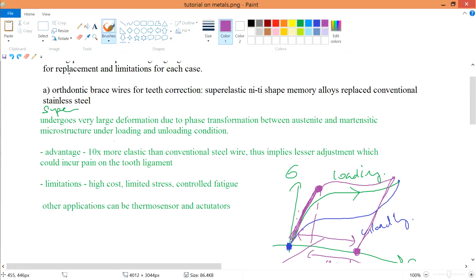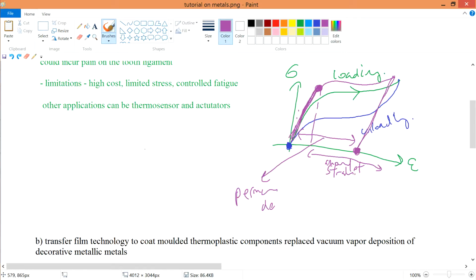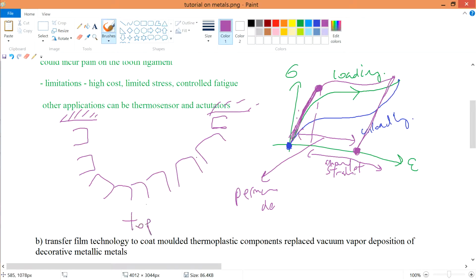And the advantage of this type of nickel titanium super elastic alloy is that it's 10 times more elastic than the steel wire and requires less adjustment, which could incur pain on the tooth ligament. So over here, this is your teeth. Then maybe you could say this is your tongue.